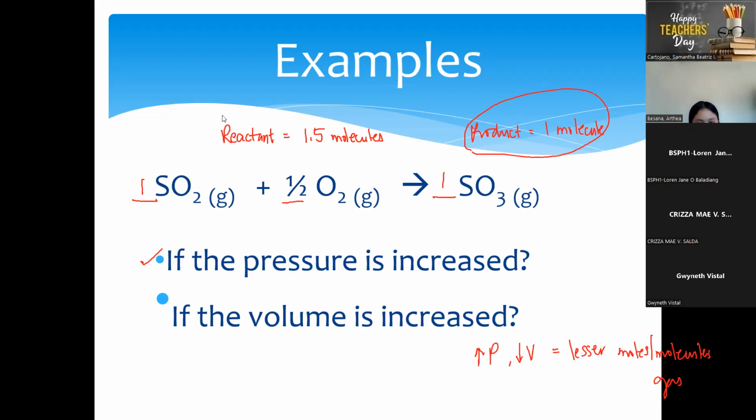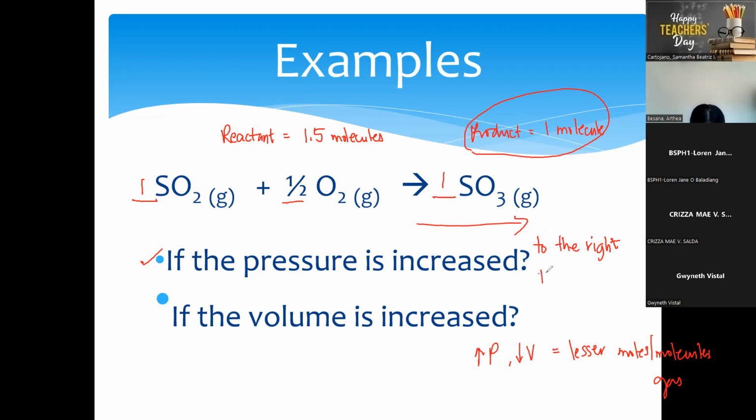So, how do we answer this? Actually, the question is, where is the shift on the reaction? So, you may answer to the right, kasi going there. Ako ha, this is the right side here. Okay? So if the pressure is increased, equilibrium or the direction of the chemical reaction will be shifting to the right.